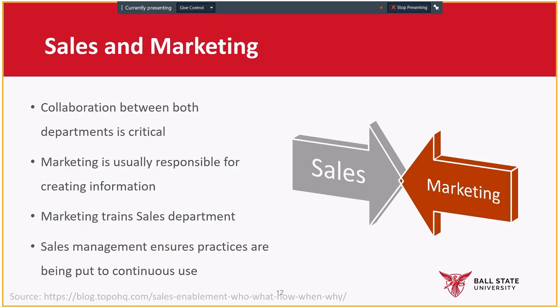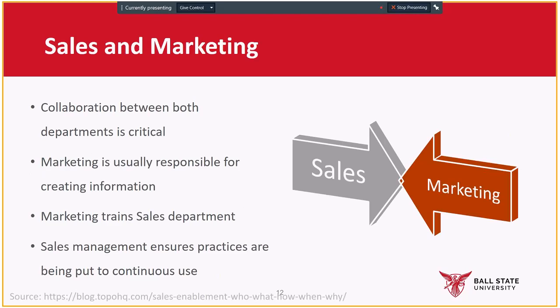So one of the things we talk about is, for sales enablement to be very successful, you need to make sure that there is good collaboration between marketing and sales, that they talk to each other, share insights, and talk about what is happening in the customer's organization.